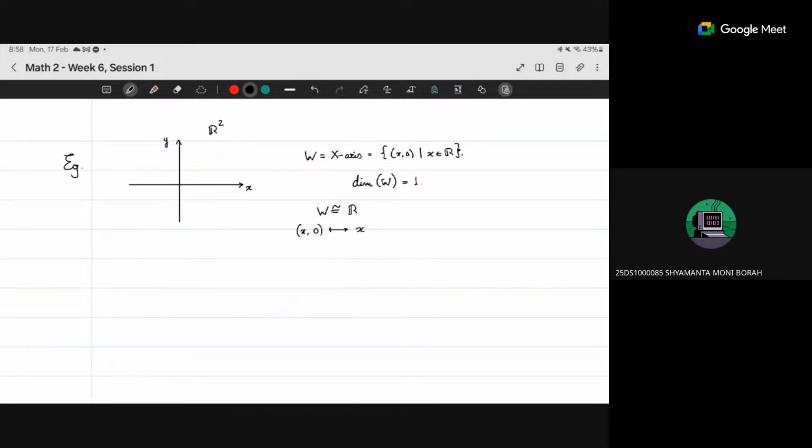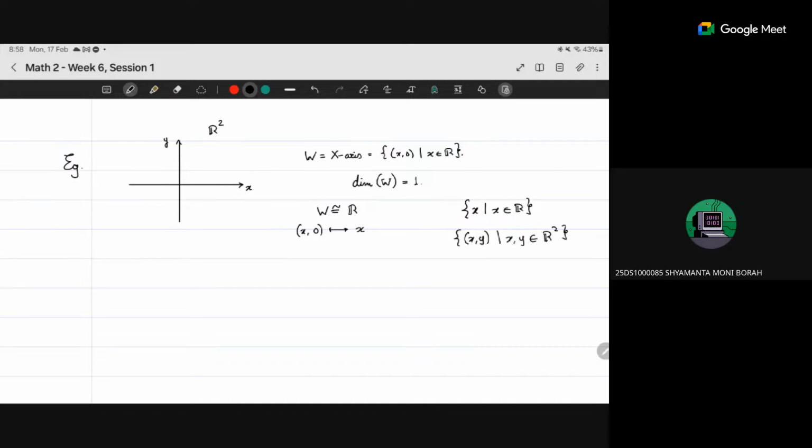This is a common confusion to many people at this point. Is R a subspace of R^2? Strictly speaking, no, because R is not a subset of R^2, right? R is something like x such that x is in R, and this is not a subset of (x, y) such that (x, y) is in R^2.